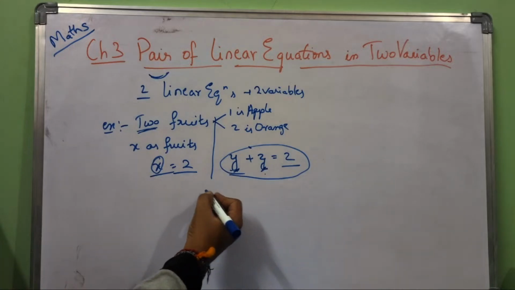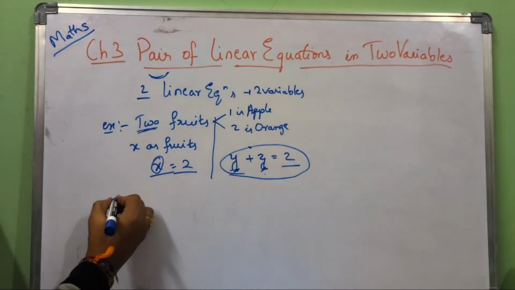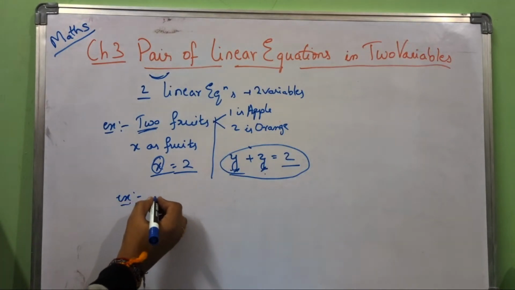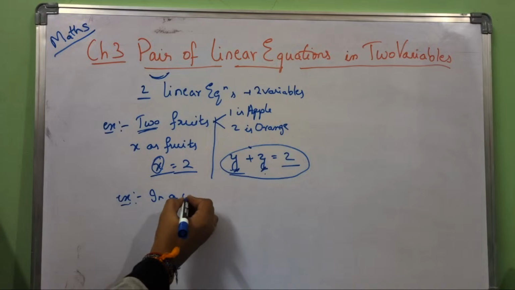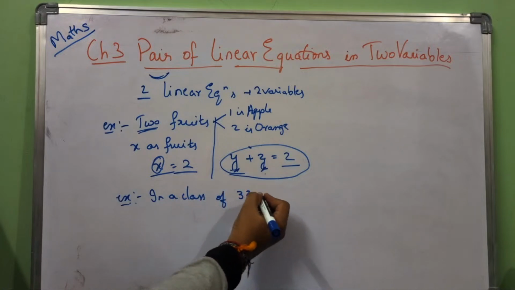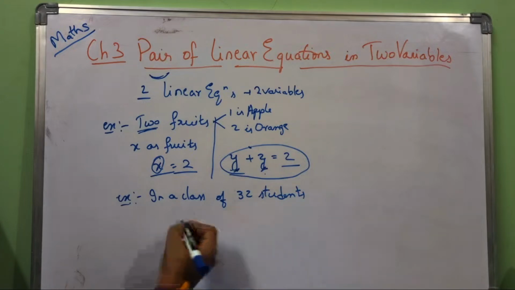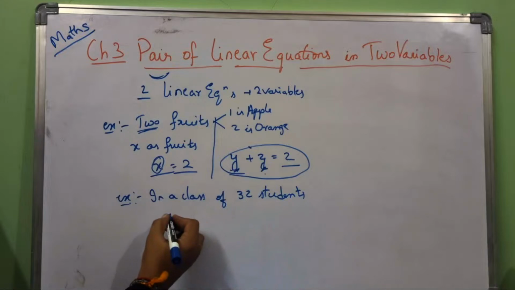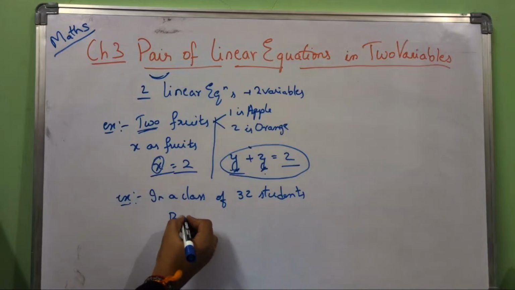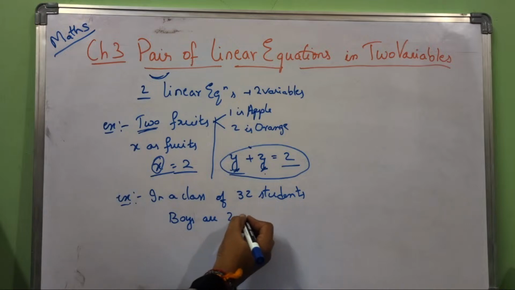In the same way, a second example: in a class of 32 students, boys are 2 more than girls.